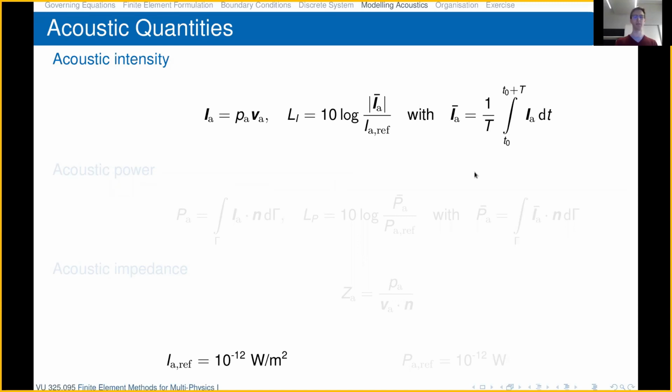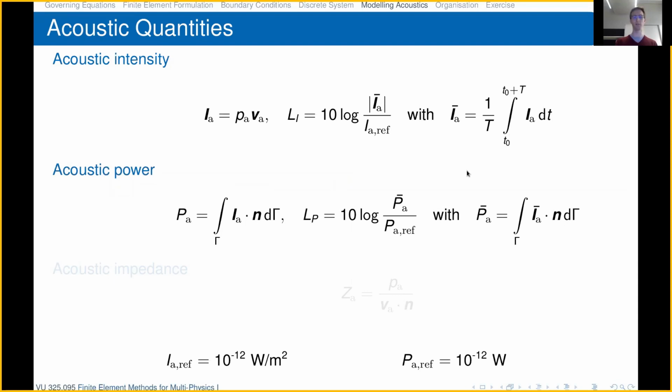We have also the acoustic power, which is simply the intensity integrated over an area gamma, again with a decibel value, and again with the time averaging. So this should actually be a time average in the PA here.